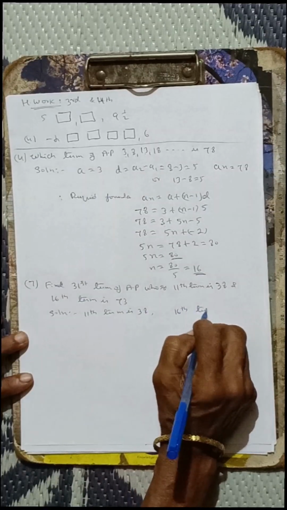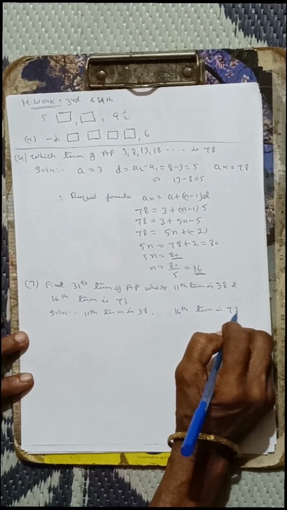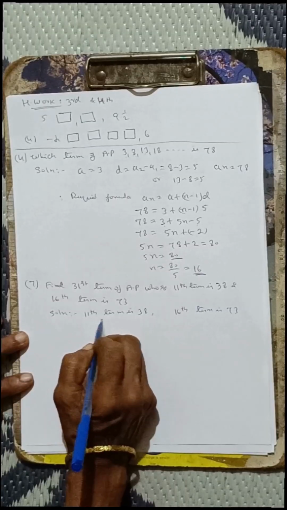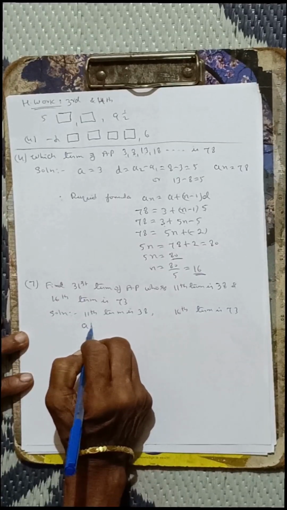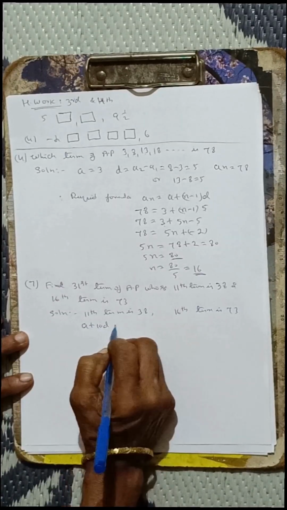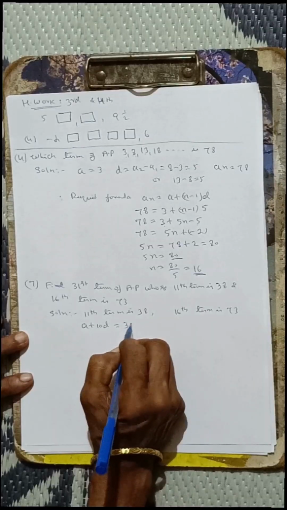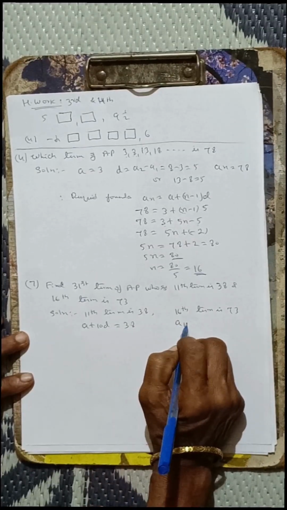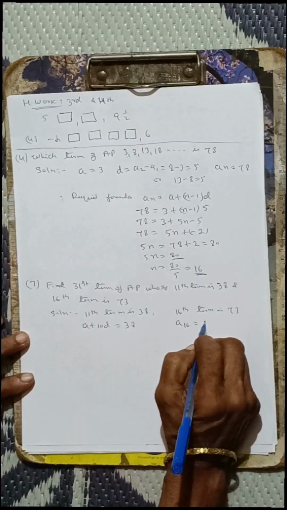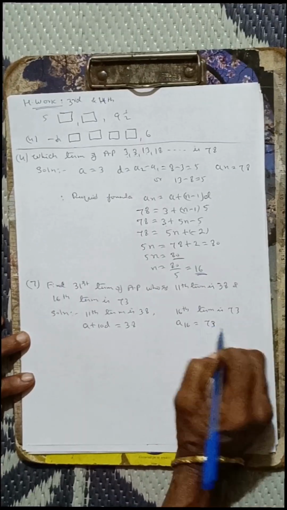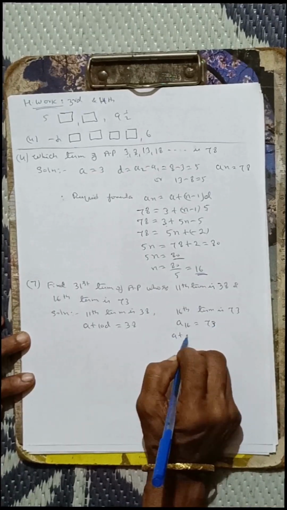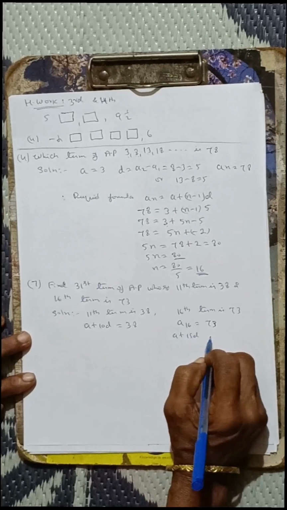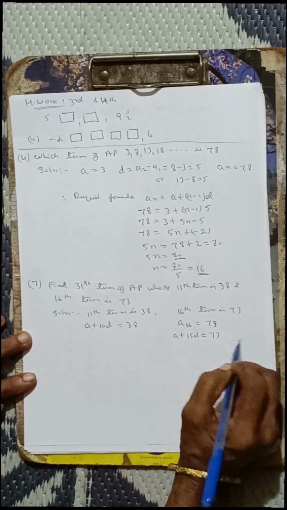16th term is 73. So the 11th term is A plus 10D equal to 38. The 16th term A16 equal to 73, A16 is A plus 15D equal to 73.